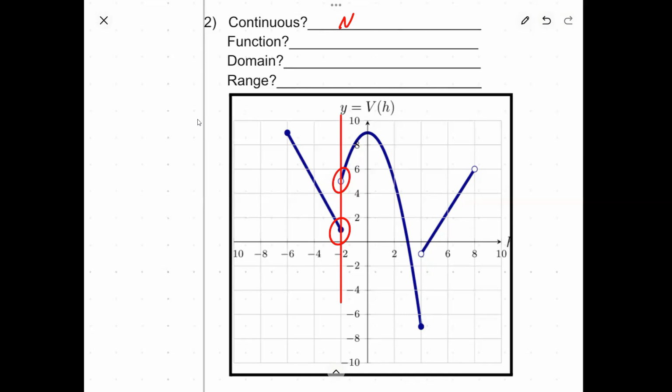So that passes the vertical line at a -2. Now, if I draw one at a +4, it's the same thing. It hits the graph here, but it doesn't hit here. So it is a function. So let me get rid of those lines. You would say, yes, this is a function. It passes the vertical line test.